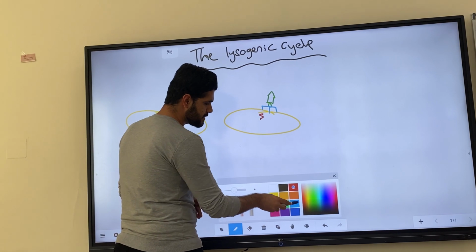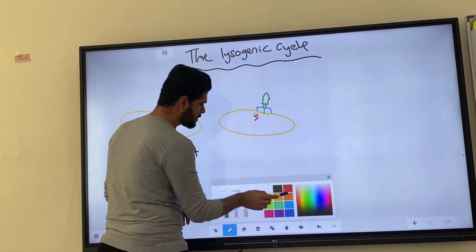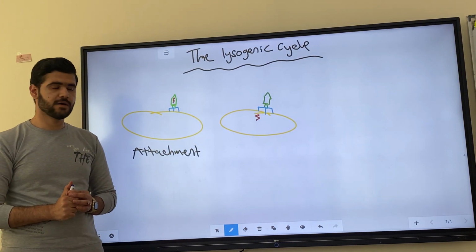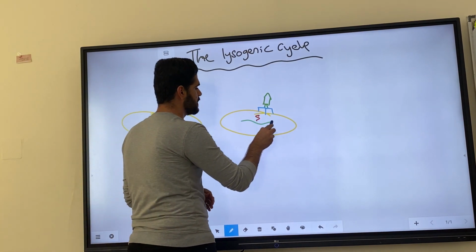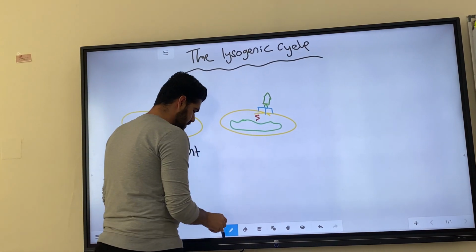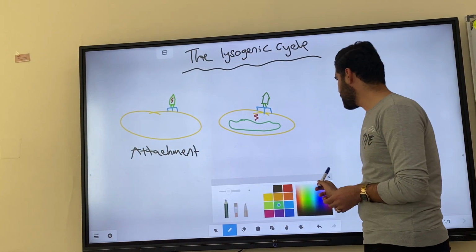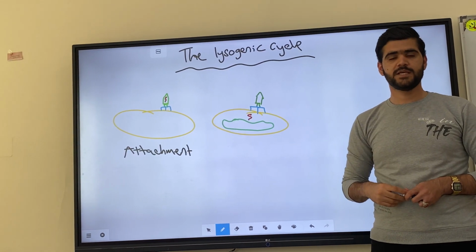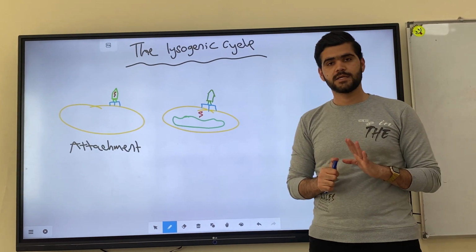And this time, let's use a different color. With the genetic material of the virus, we have the genetic material of the host cell as well. What's different from the previous life cycle is that the genetic material of the virus will fuse with the DNA of the host cell, and it will stay latent.